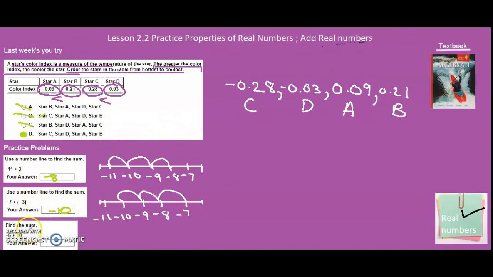Let me read this question out. Find the sum. This question is just asking us to find the sum without using a number line. If you want, you can use a number line; it's your choice. But since it's just asking us to find the sum, I'm going to show you how to do that. The numbers here are negative 6 plus 10.